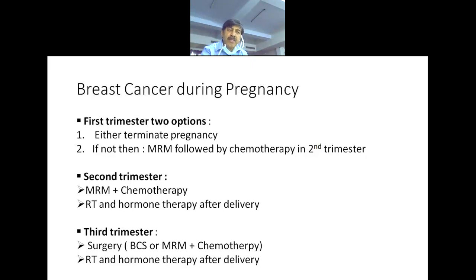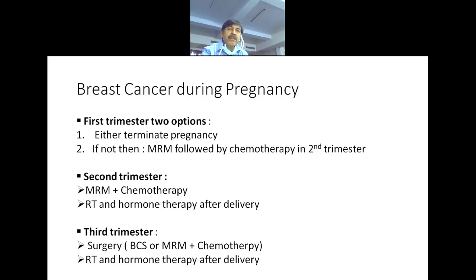In third trimester, surgery, even BCS can be offered, because radiotherapy can be given after delivery. See, radiotherapy has to be given within 6 months after surgery. Otherwise, chances of local recurrence will be more.